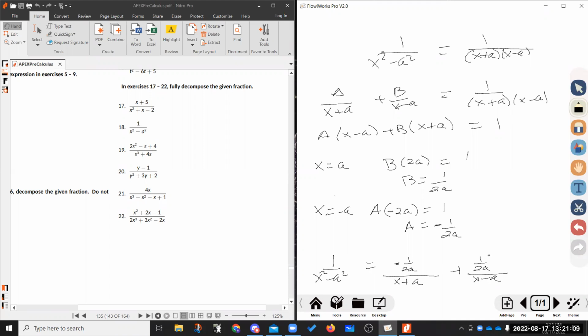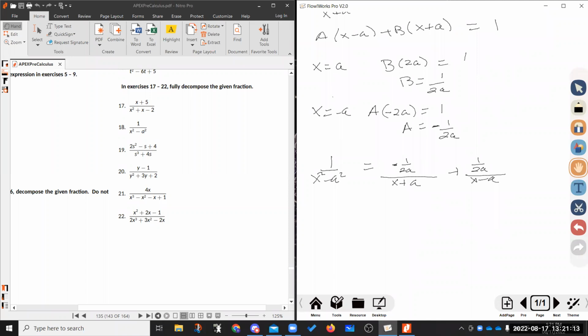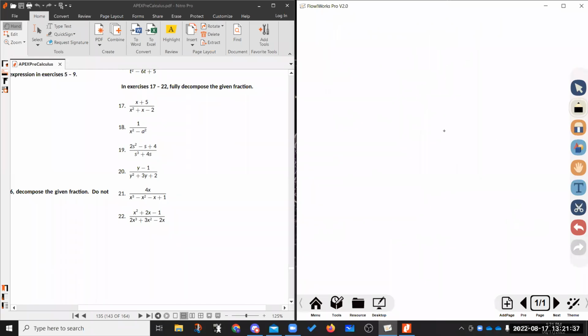You can simplify that if you want to get the 2a's out of there, something like that. So there we go. That was number 18.